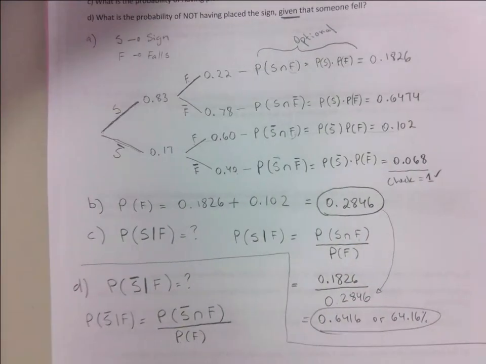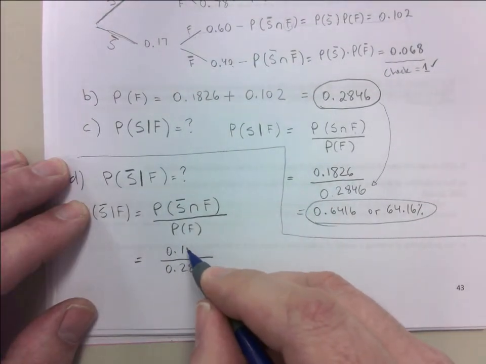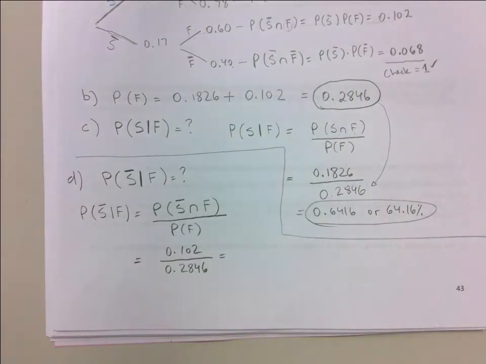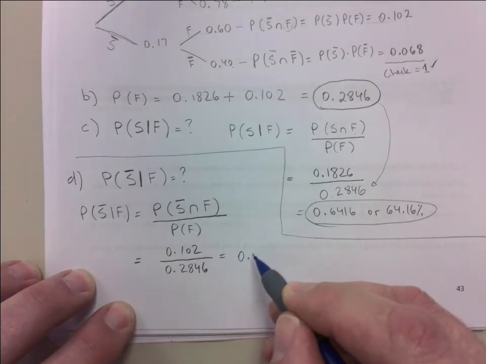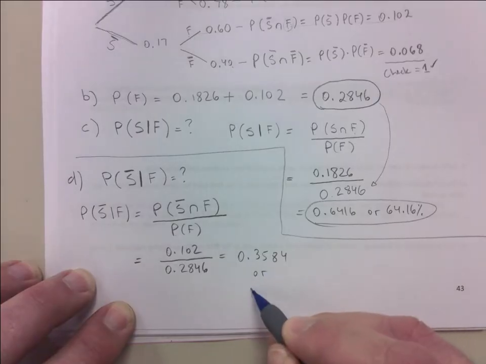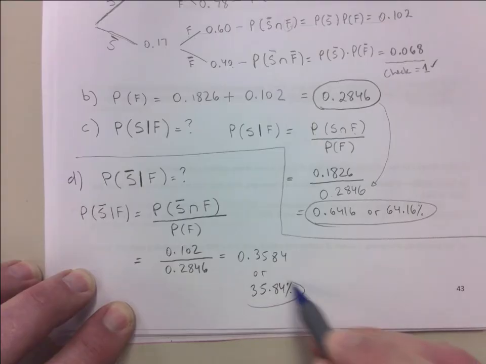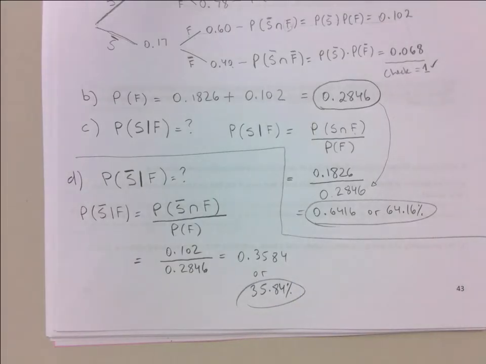So we go back down, 0.102. Divided. That is 0.3584 or 35.84% chance that the sign was not put up, given that someone fell.